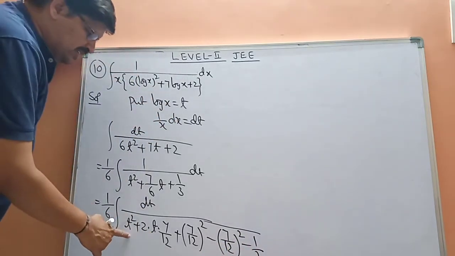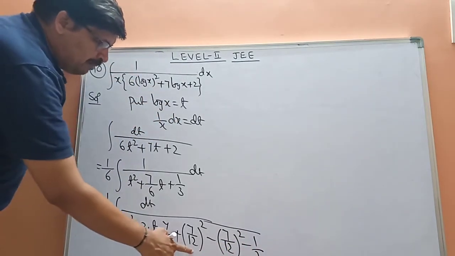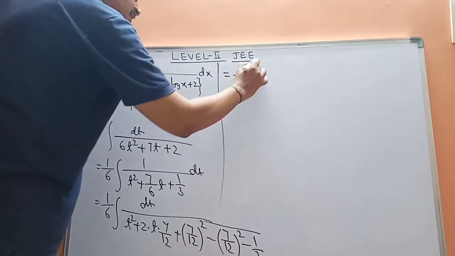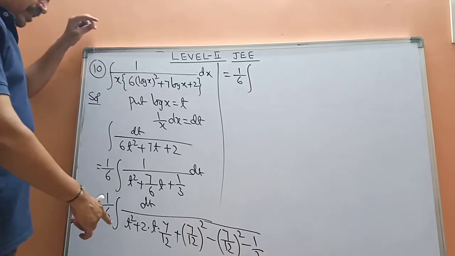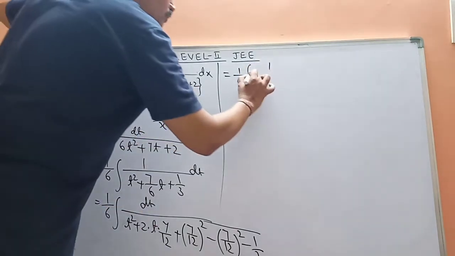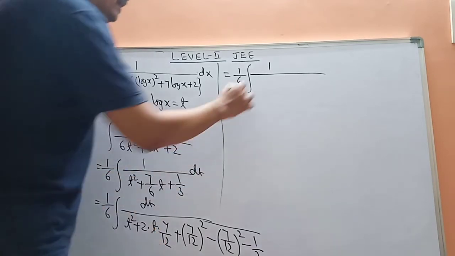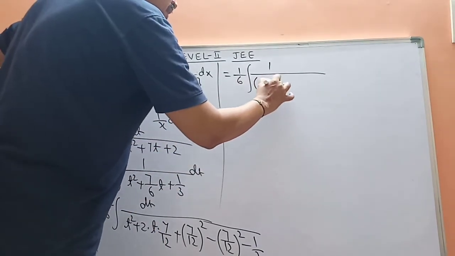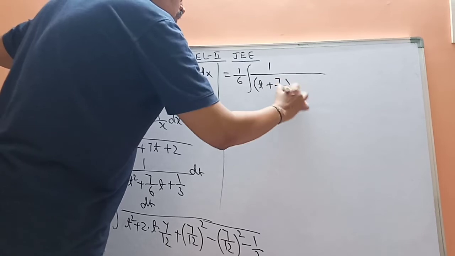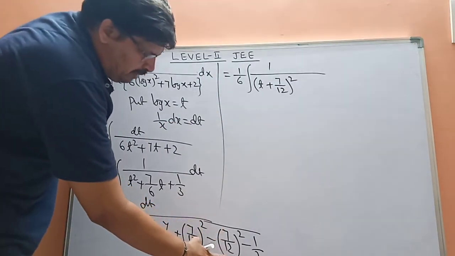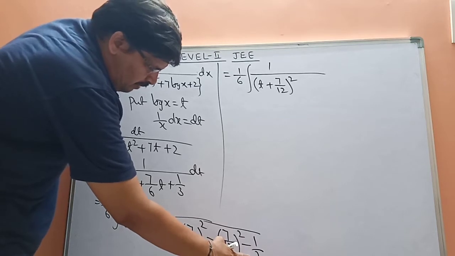Now look here, this is a square plus 2ab plus b square. Now this equals 1 by 6 into, taking common, 1 by (a square plus 2ab plus b square, that is t plus 7 by 12 whole square). Now do the simplification. This is 49 by 144 minus 1 by 3.